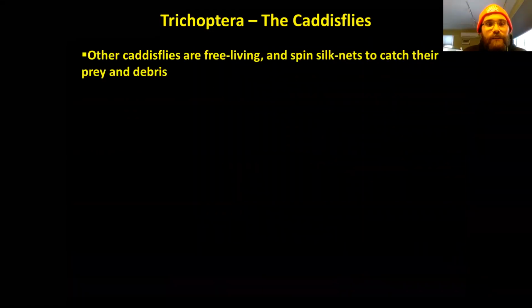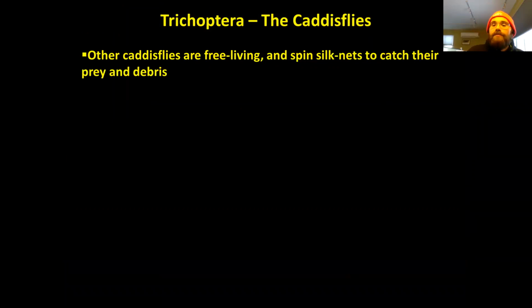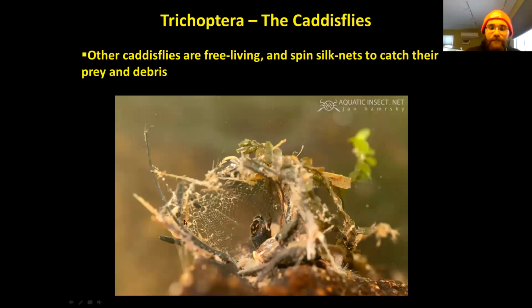All right. So other caddisflies are free living and spin silk nets to catch their prey and debris. So here's an example of a caddisfly that has, you can quite literally see it looks like a little silk net right here. And you'll have all kinds of debris that has built up.